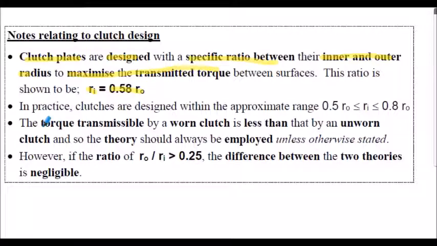And also the torque transmissible by a worn clutch is less than that of an unworn clutch. So unless you're told otherwise, you always use the worn clutch theory when you're designing a clutch. But some of the questions we'll look at use unworn clutches because that's the best condition you can get. So this is just design characteristics of clutches.